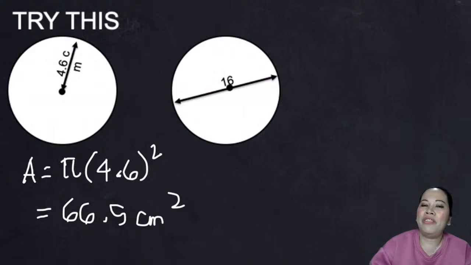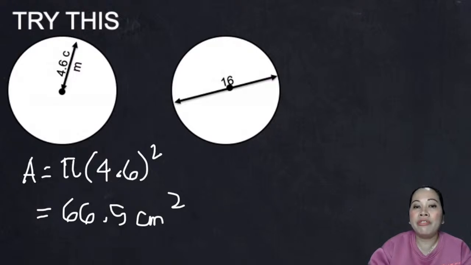Now if you are asked to find the exact area and give your answer in exact form, then for this second question, since you are given the diameter, you have to find the radius first, and we all know that the radius is half of the diameter.